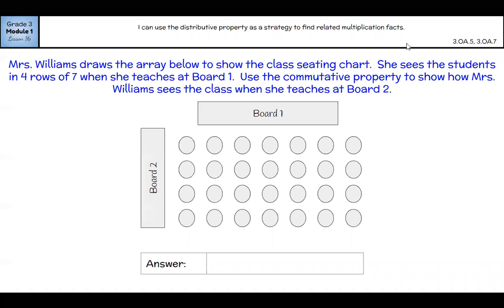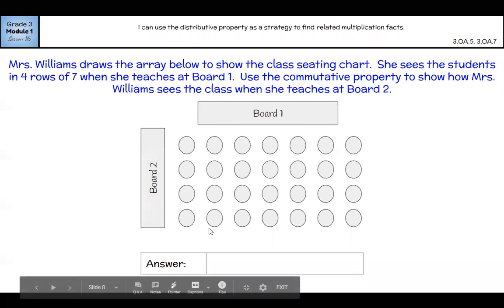Okay, Mrs. Williams draws the array below to show the class seating chart. She sees the students in 4 rows of 7 when she teaches at board 1. So when she's right here, she sees them as 4 rows of 7. So 7, 7, 7, 7. Use the commutative property to show how Mrs. Williams sees the class when she teaches at board 2.